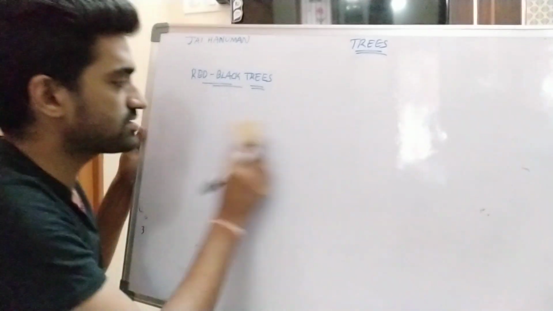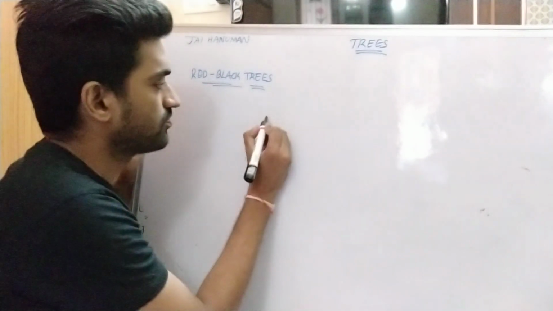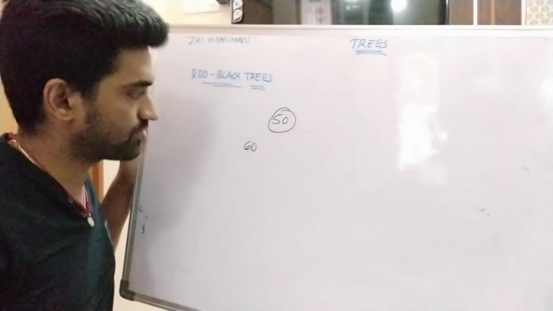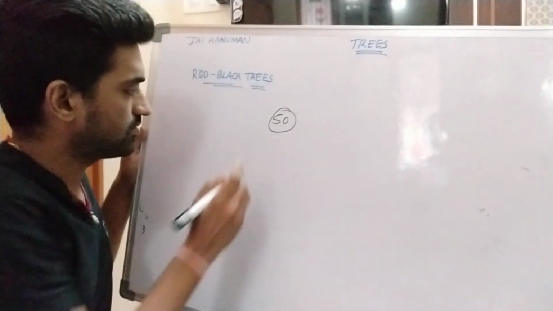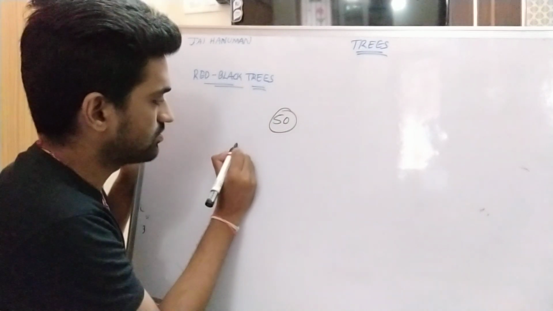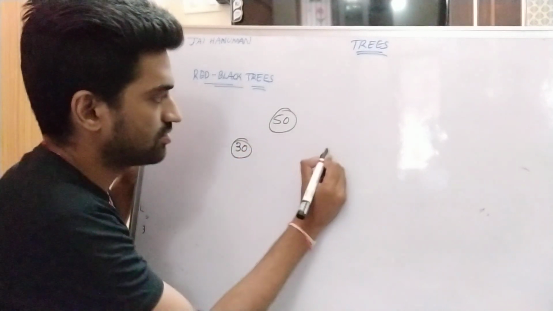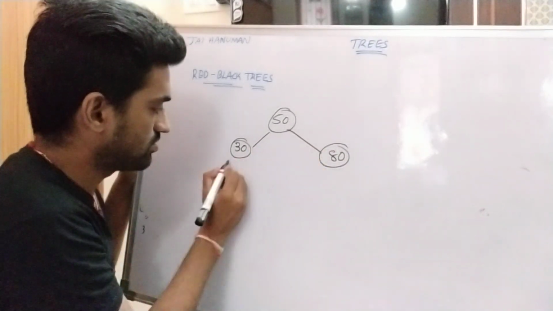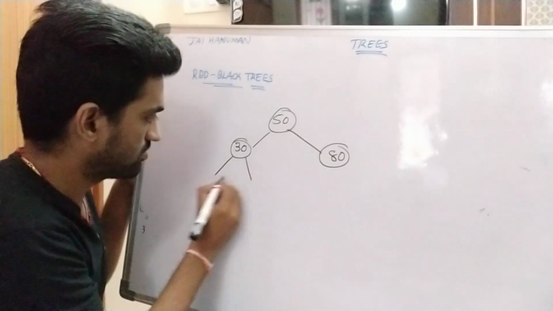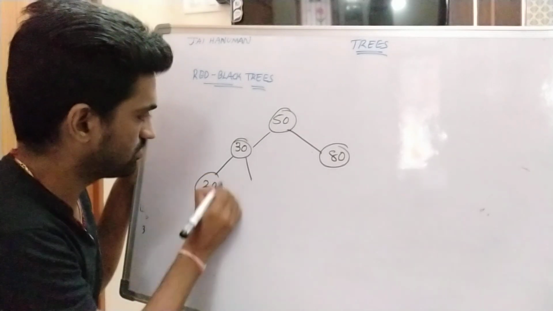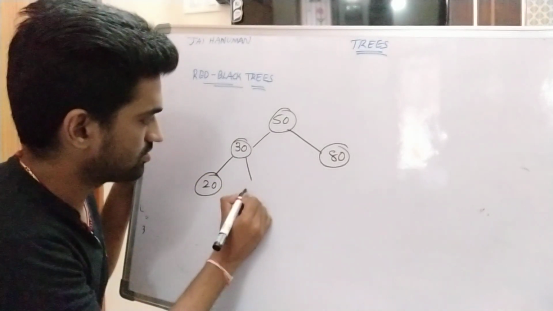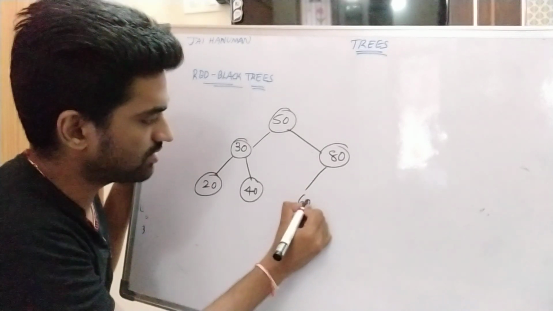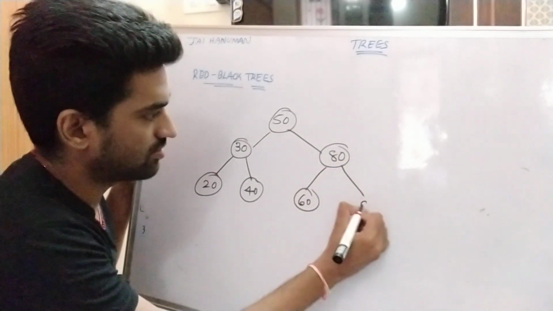Suppose I am considering 50, 30, 80. Here 20, 40, 60, 90.